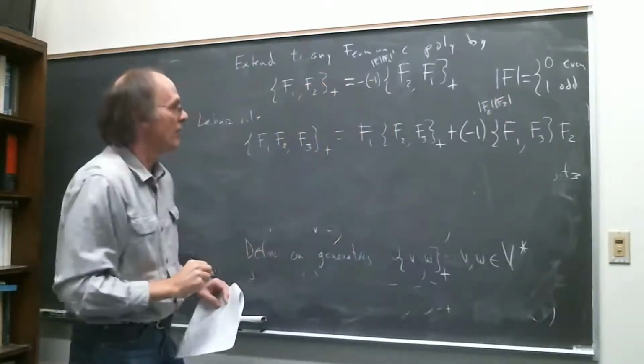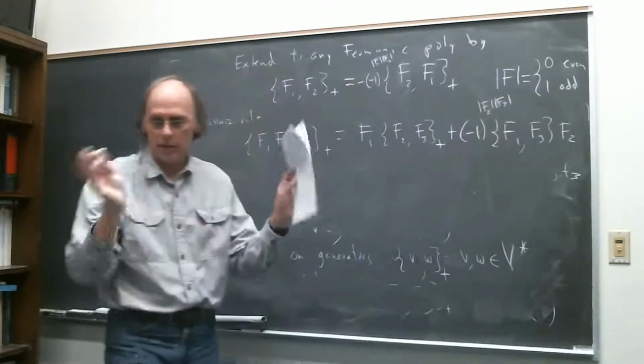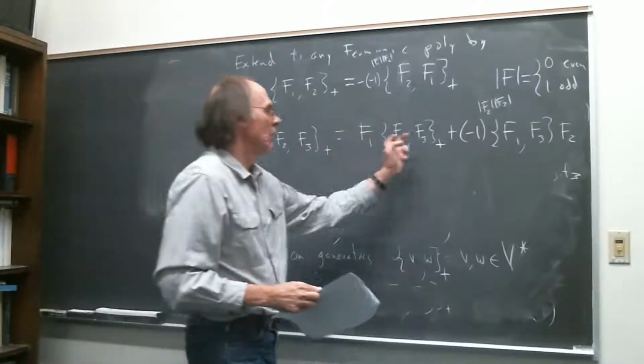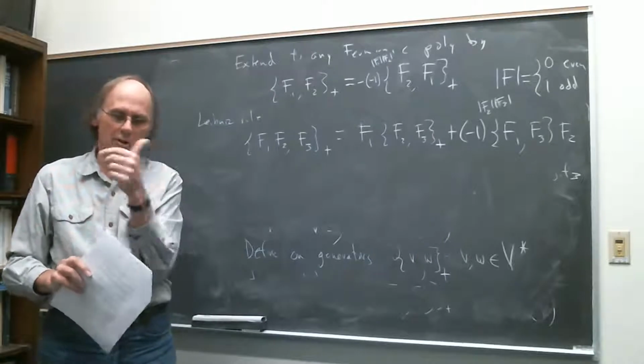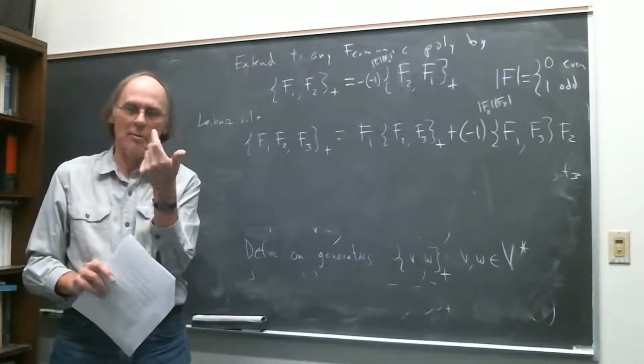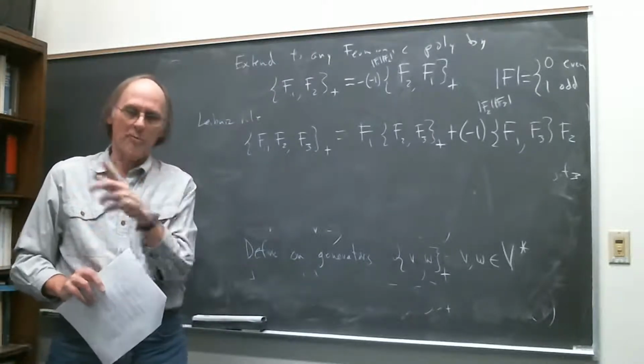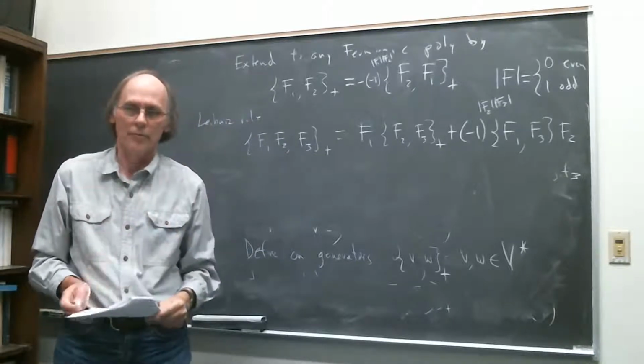Okay. Anyway, so you have a Leibniz rule, but with sign problems, which in some sense corresponds to, if you do everything in terms of generators, just keeping track of how many generators you have to move past to get things in the right order.